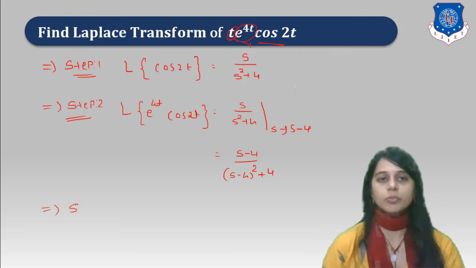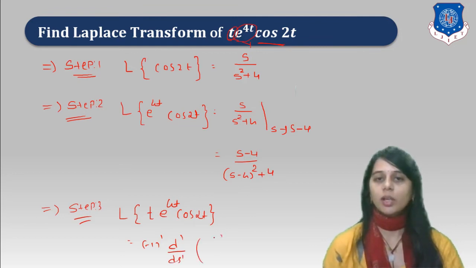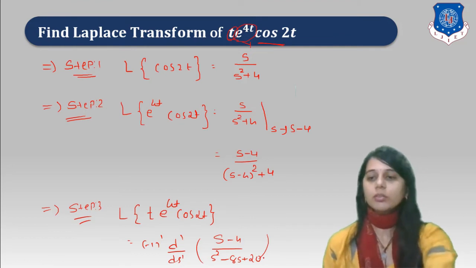Now step 3: Laplace of t e raised to 4t cos 2t. So what do we do? Minus 1 raised to 1, d raised to 1 by ds raised to 1 of s minus 4 upon s square minus 8s plus 16 plus 4, that is, 20.